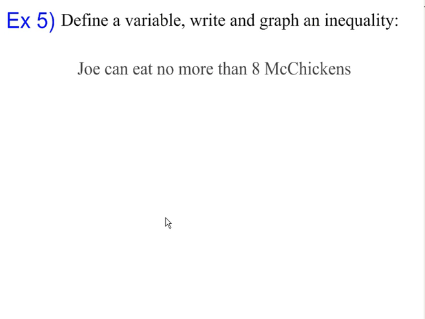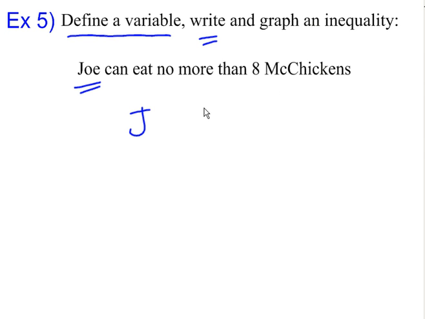The problem says Joe can eat no more than 8 McChickens. So let's define a variable. Our variable is going to be Joe, so I think I'm going to use J for Joe. Now, we have to write the inequality first, so let's write it.